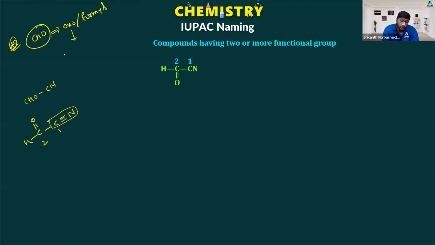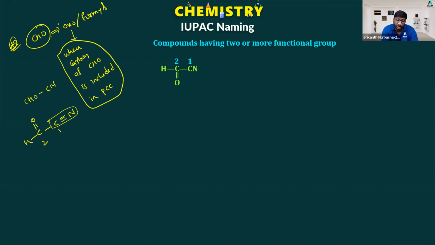Oxo is used when the carbon of CHO is included in the parent carbon chain, that is PCC. We are going to use the prefix oxo for CHO whenever the carbon of CHO is included in the parent carbon chain.